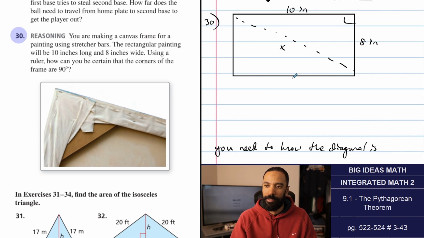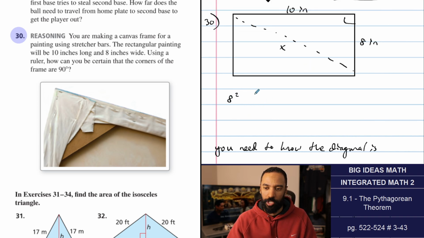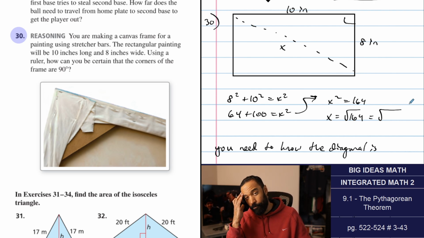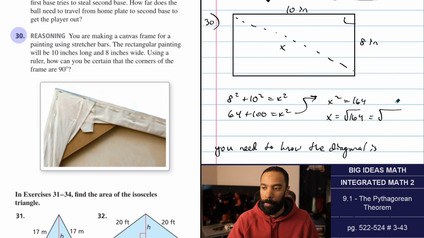So 8 squared, not a Pythagorean triple, by the way, plus 10 squared equals x squared. 64 plus 100, which is 164. Now, this isn't exact. Let's put it in the exact version. Root 164, which is 4 times 41, so 2 root 41.